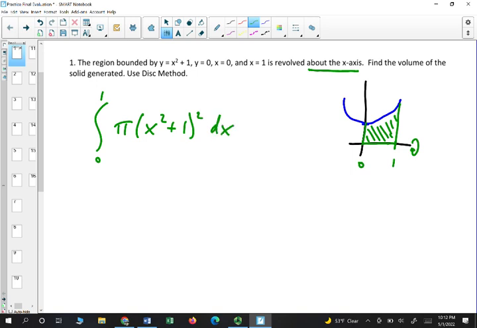So what we can do is pull out the pi outside the integral. And we can square our function. So you'll do x squared plus 1 times x squared plus 1. You'll FOIL it. So you'll have x to the fourth plus 2x squared plus 1.